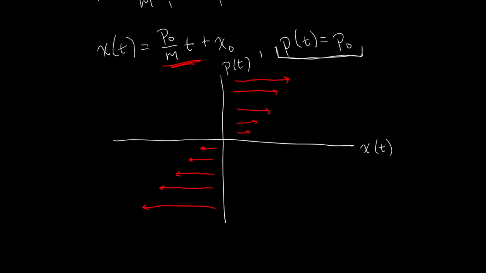The amount that it's changing is going to increase as we go either up or down the axis, and particularly when we're sitting on the x-axis, nothing's ever going to change. So what we might expect to happen is if we have some blob in this phase space, say we start with some blob which looks like this.